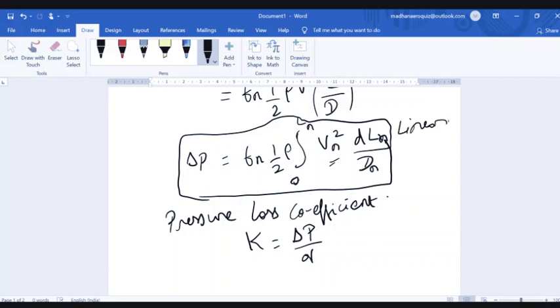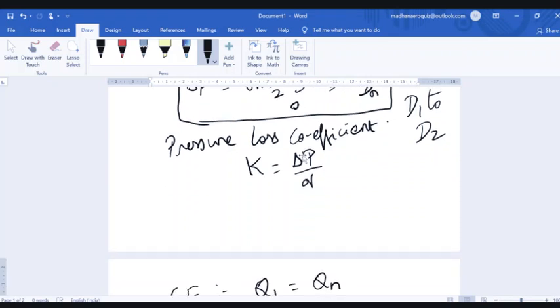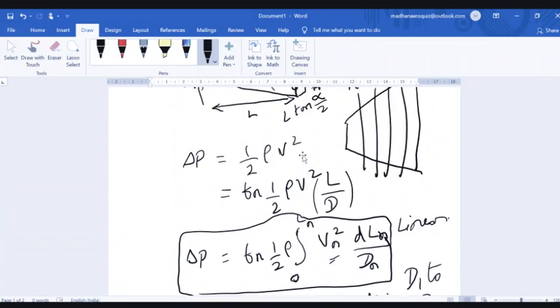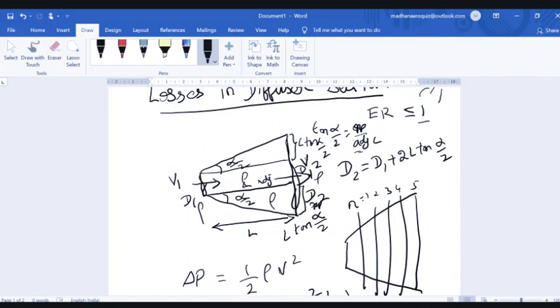So we are going to change the limits of integration from 0 to ln to d1 to d2. How did this d1 to d2 come? It is by considering dn as the varying term, the integral term, that is the differentiable part.